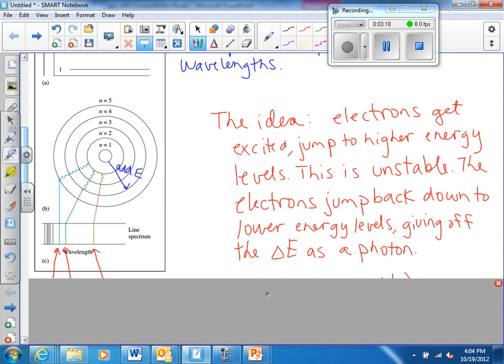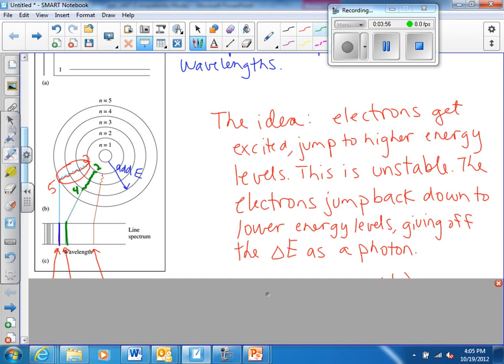So over here we're showing that an electron is going from shell 5 down to shell 2, and it's giving off this wavelength of blue light. And when we look at the line spectrum, we'll see a blue line in the line spectrum. And if an electron jumps from shell 4 down to shell 2, we get a photon of light that gives this green light.